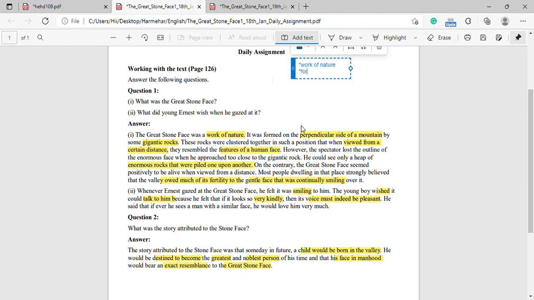So, how was it formed? It was formed by some gigantic rocks. Where was it formed? That would be on the perpendicular side of the mountain.